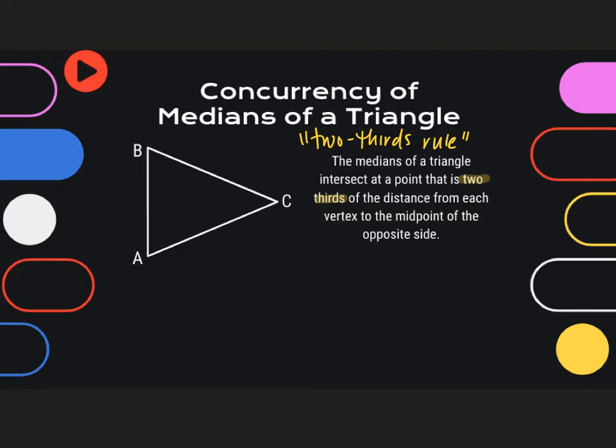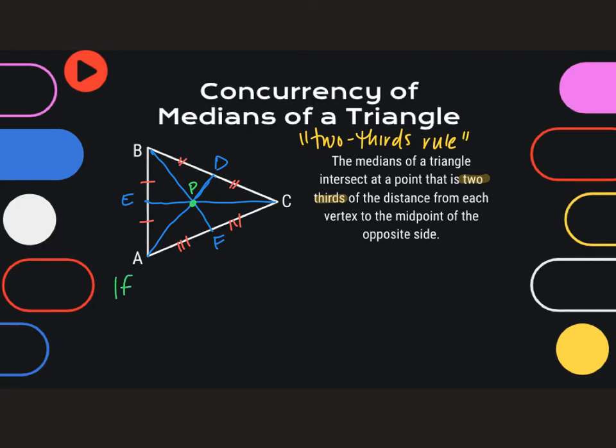Our first median is going to go from C to the midpoint of the opposite side here, and we'll call that E. Our next one is going to go from A to the midpoint of the opposite side here, and we'll call that D. And our last median is going to go from B to the midpoint of our opposite side here, and we will call that F. And they all intersect at a point right here, and we'll call that point P.